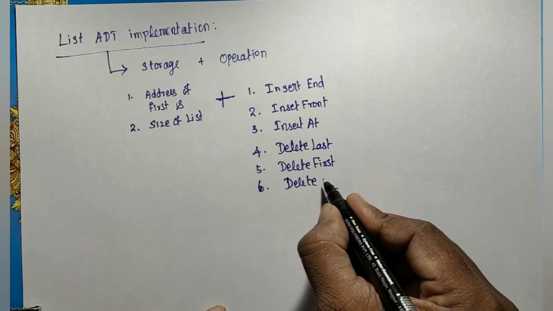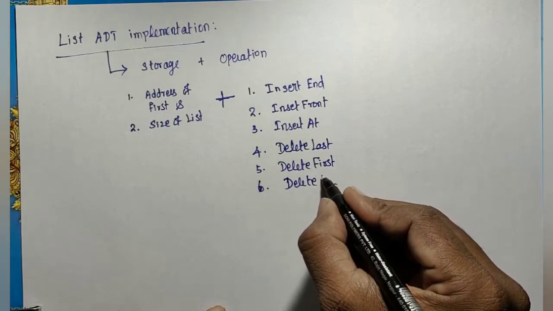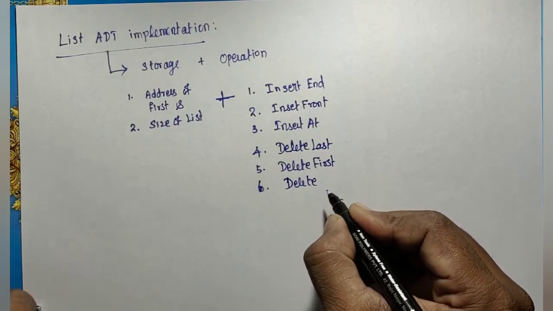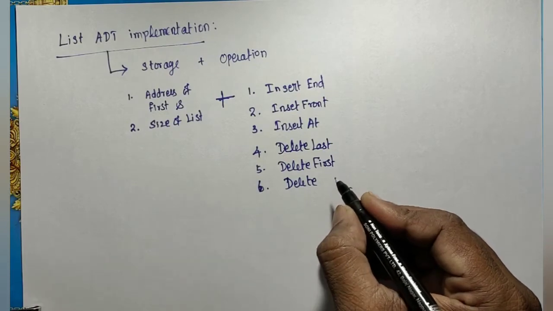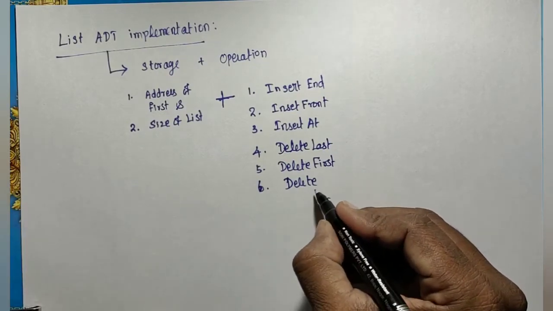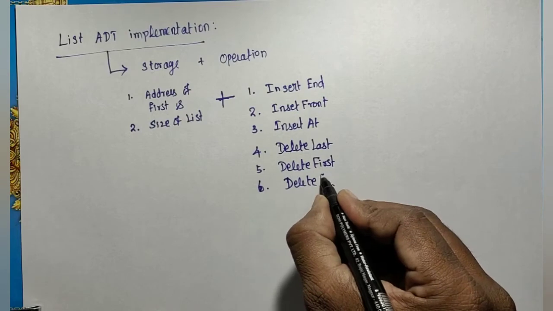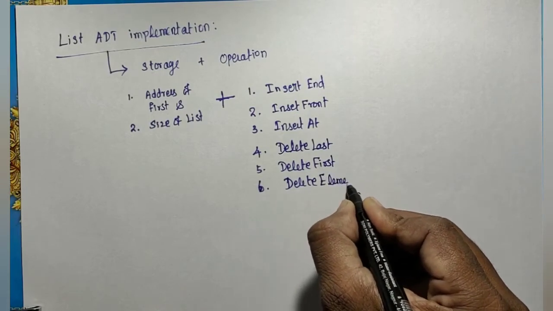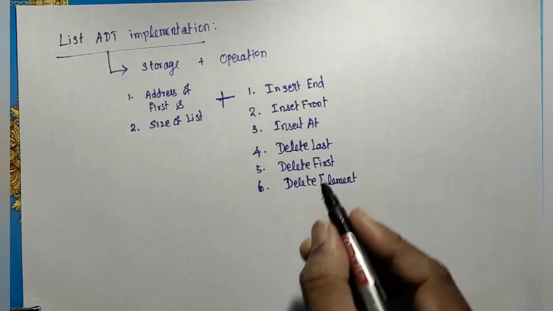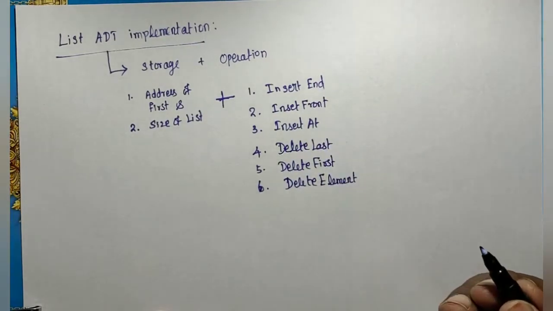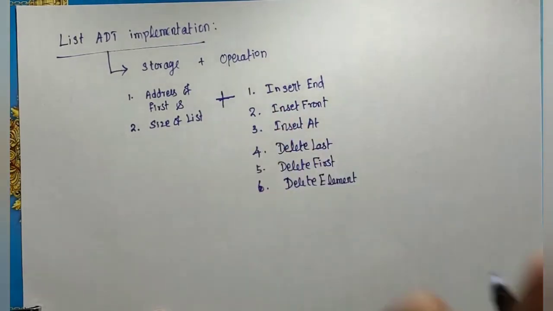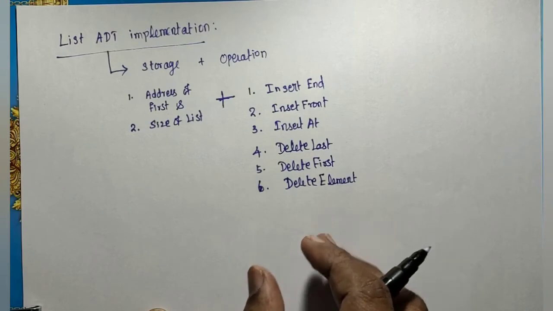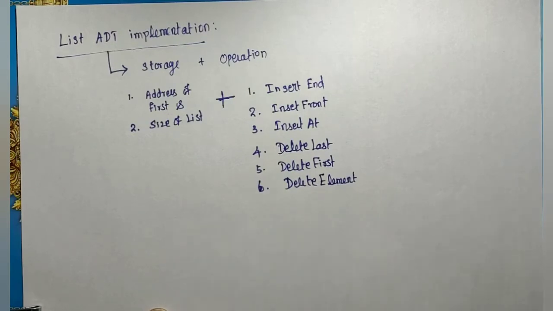Delete element means here you can pass a value. The value will be searched from the list and deleted. You can name it delete element. These are all user defined names only. We are going to define these functions. Similarly, there is no restriction on adding any number of functions.